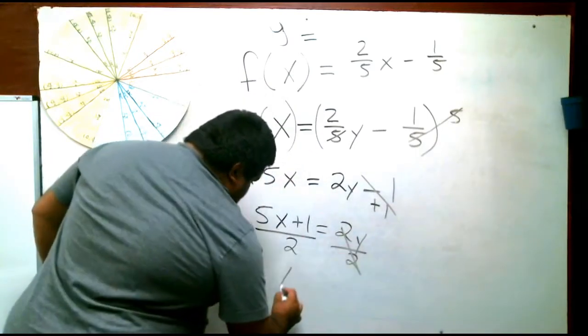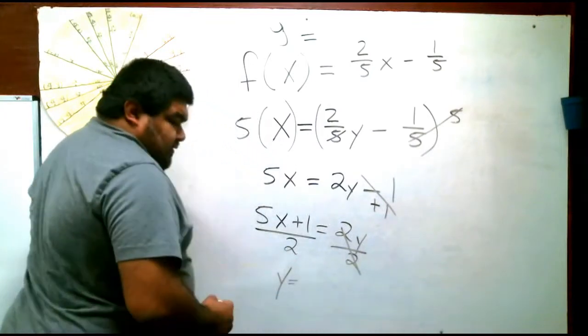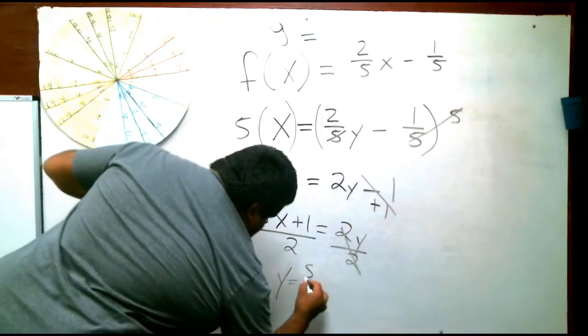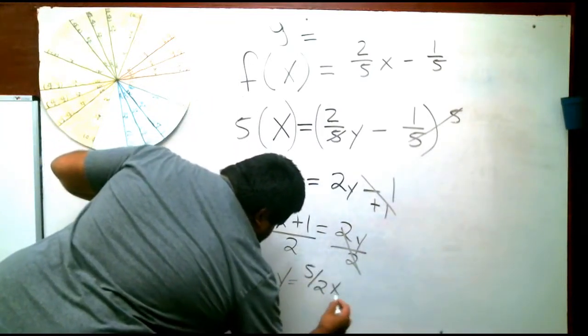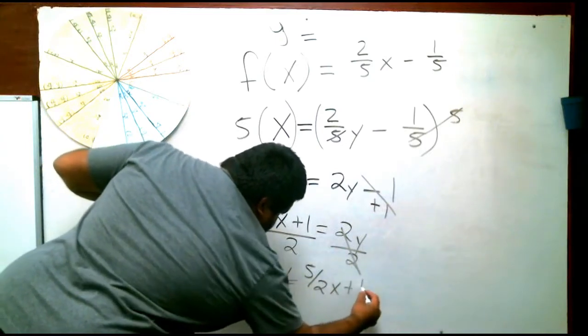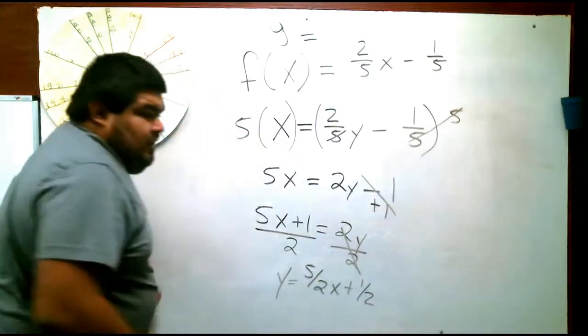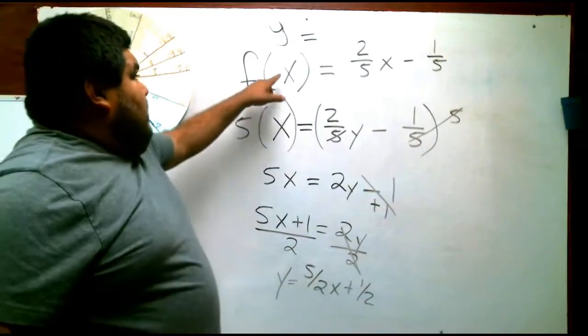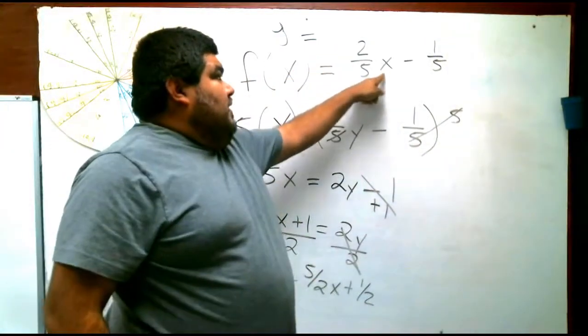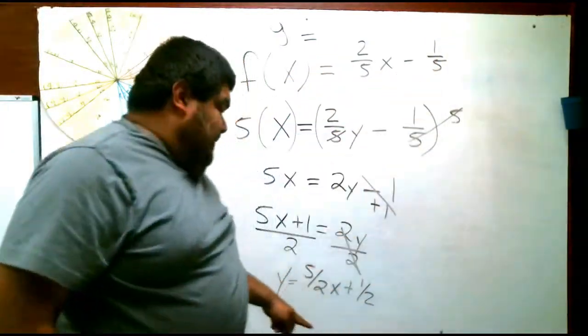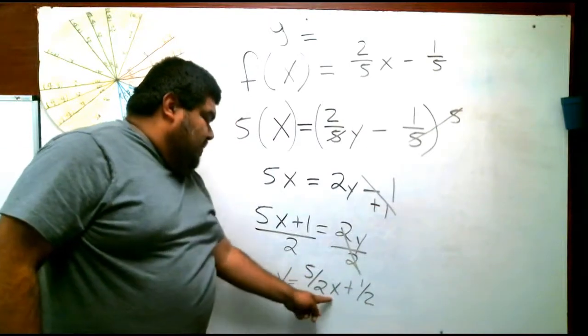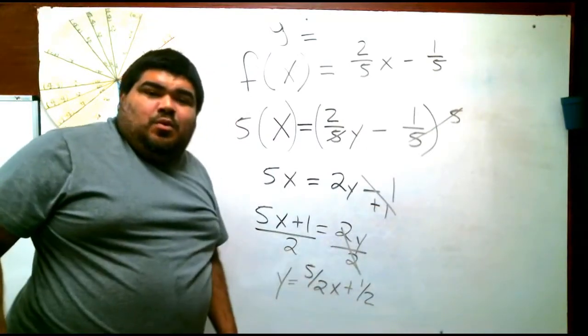We're left with y equals 5 over 2 x plus 1/2. Okay? So the inverse of 2/5 x minus 1/5 is y equals 5 over 2 x plus 1/2.